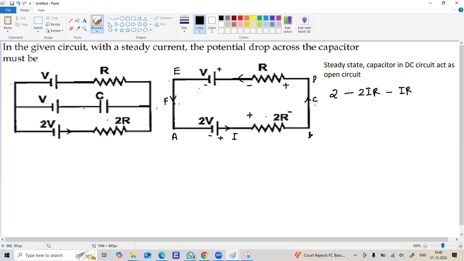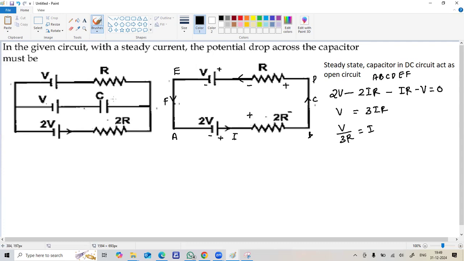When you pass through the cell along the selected path A, B, C, D, E, F, you exit the cell from the negative terminal, so minus V. The total potential difference is 0. Now 2V minus V is V, equal to 2IR plus IR, 3IR. So V by 3R will be the current passing through the circuit.